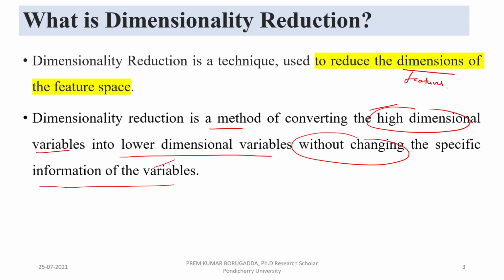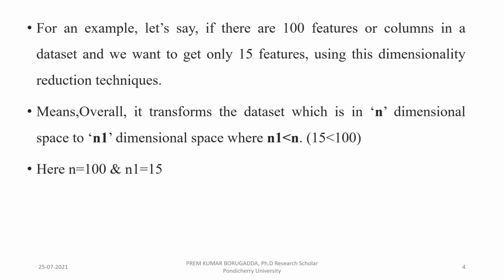So, for example, our dataset contains 100 features or 100 columns: feature 1, feature 2, up to feature 100. The total dataset contains 100 features, and we want only 15 features.